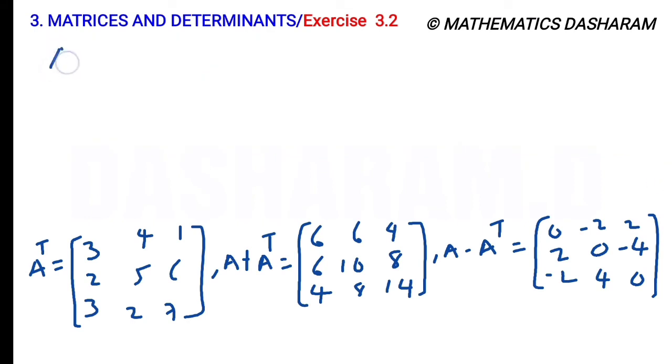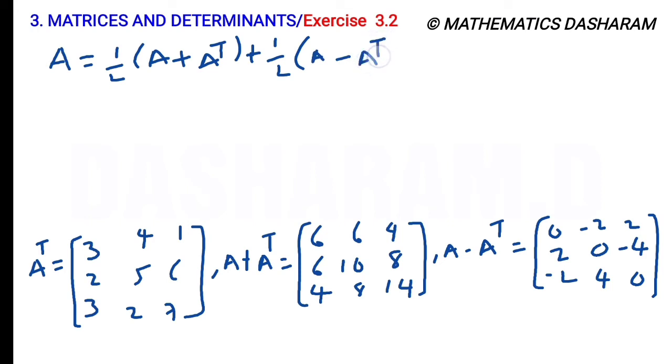So let's use the condition: A equals 1 by 2 bracket A plus A transpose plus 1 by 2 bracket A minus A transpose. A means the given matrix.